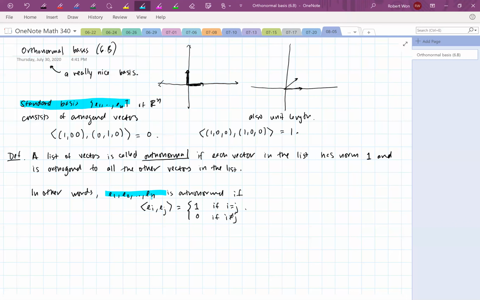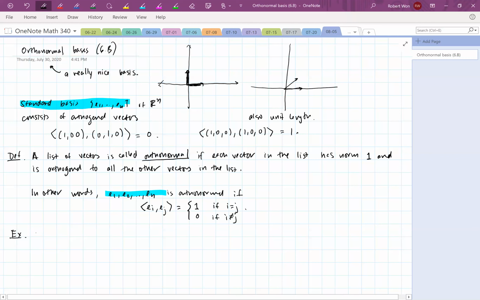So since I like to stick with your book terminology, from now on, if I use the letters e1 through en, I don't necessarily mean the standard basis vectors of Rn. On the other hand, it's not so bad because, as we just said, the standard basis is an orthonormal list of vectors, right? So anything that we wrote about the standard basis before, many of those things will still be true for any orthonormal list. So in principle, it shouldn't actually be that confusing.